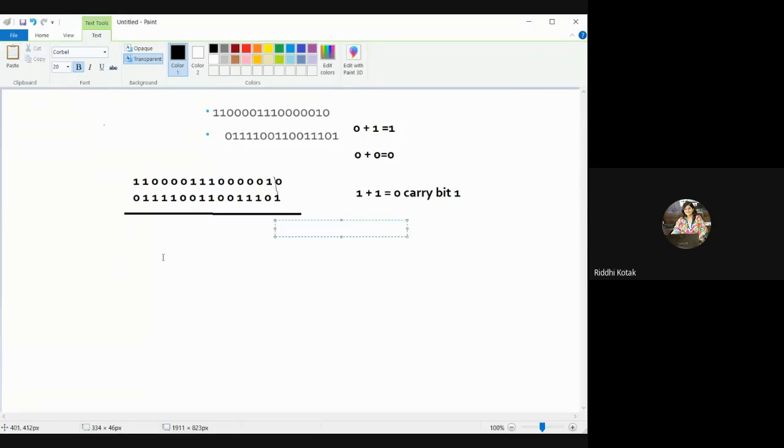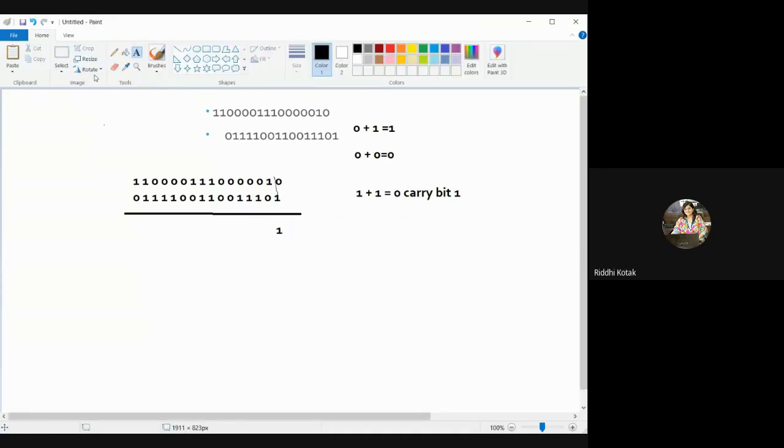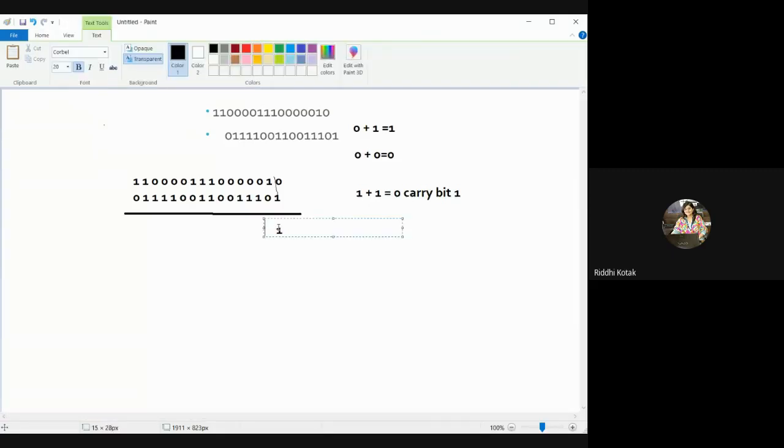So 0 plus 1. Which condition? The first one, so the answer will be 1. Now the next bit is 1 0, right? Again, if it is 0 plus 1 or 1 plus 0, both are considered as 1. So for this bit the value will be 1.